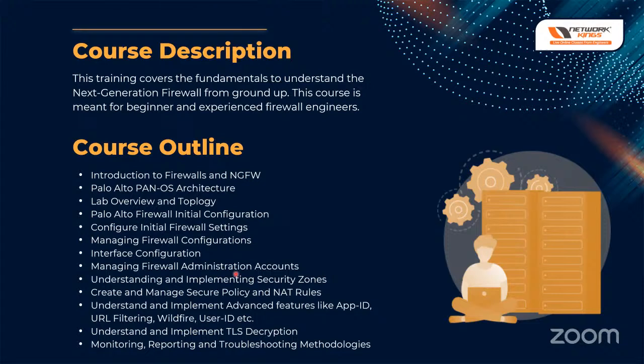Okay, so there's a lot that's going on within the Palo Alto firewall. How do you manage it? How do you create various administrator accounts? So we will be integrating Active Directory, for example, and making use of that Active Directory integration. We'll be seeing that, and then we'll see how we can make use of Active Directory in a lot of different things within the Palo firewall.